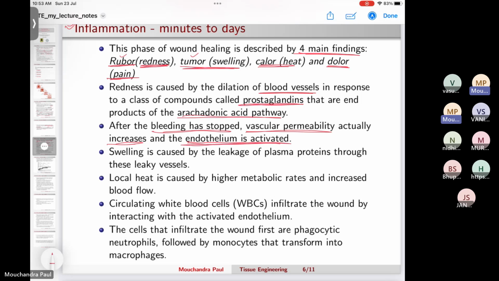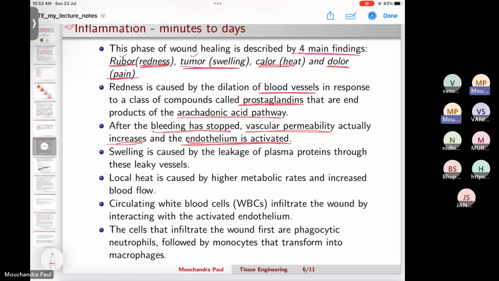So what is activation of endothelium? This happens only during wound healing, okay? It doesn't happen normally. By activation, I mean that it starts secreting a special kind of cytokines and chemokines to recruit more cells. Also, it starts expressing a special kind of cell adhesion proteins on the cell surface, for quicker formation of subsequent new blood vessels, like angiogenesis will happen later on.